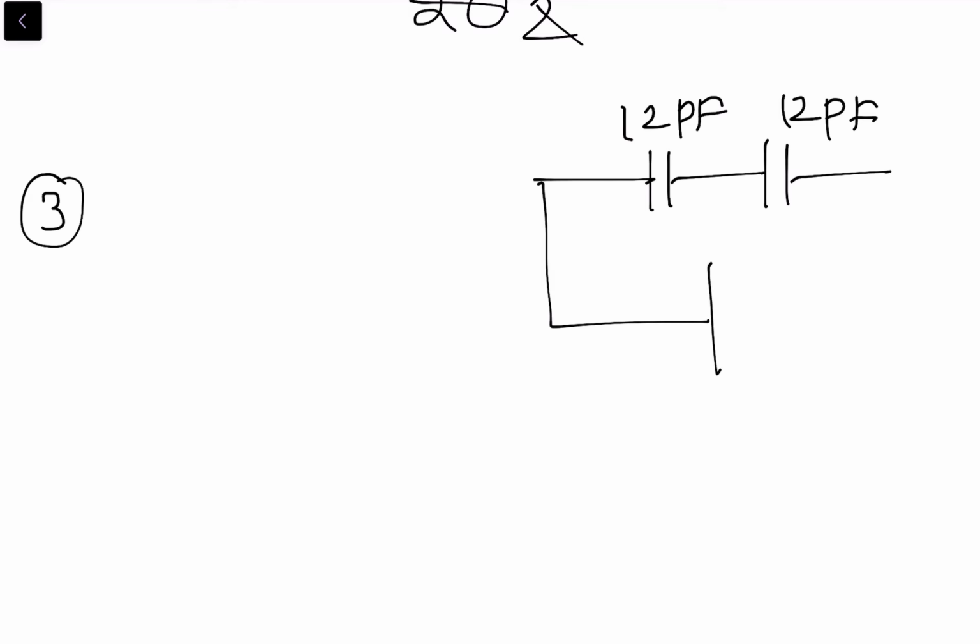That means here there is a battery which is 50 volts. The battery has a big line positive, small line negative, and you all know that. What is the electrostatic energy? First let us find the resultant of these two capacitors. Because they are in series, let it be C1, let it be C2.